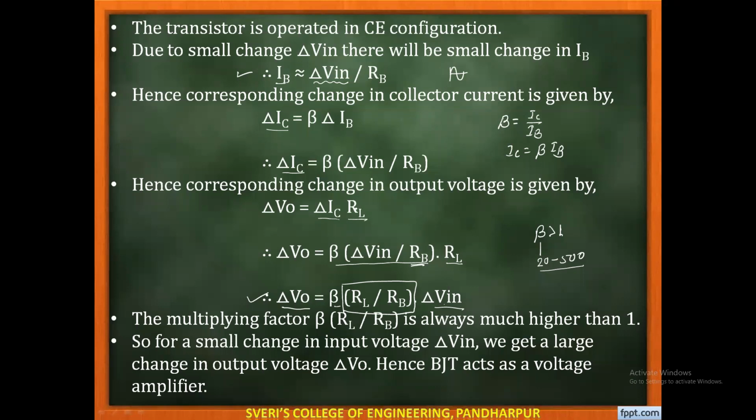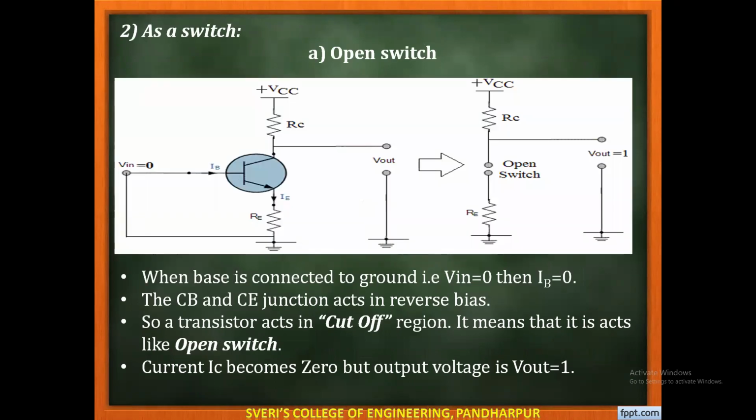Is it right? And now another application is when the transistor is operated in a digital circuit. When I say digital circuit, in the digital circuit only two signals are there, either 0 or 1, or we say that in the digital circuit 0 stands for the low signal and 1 stands for the high signal.